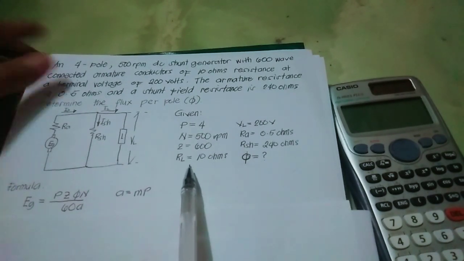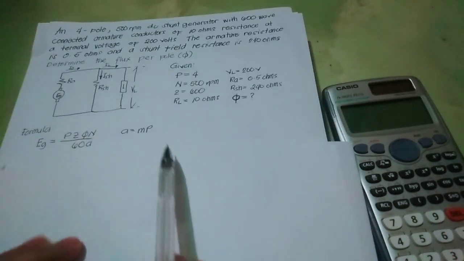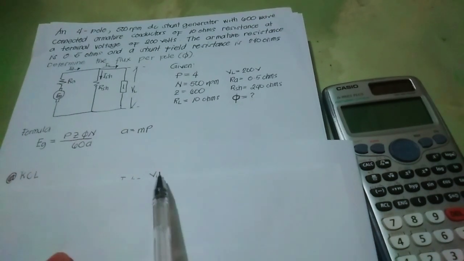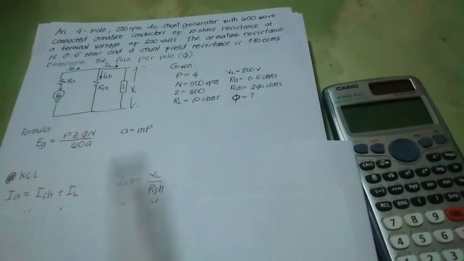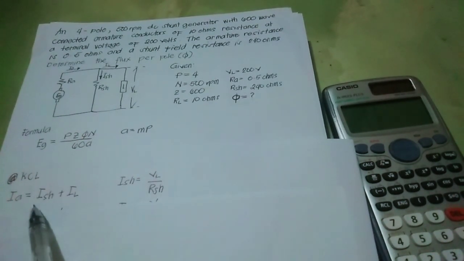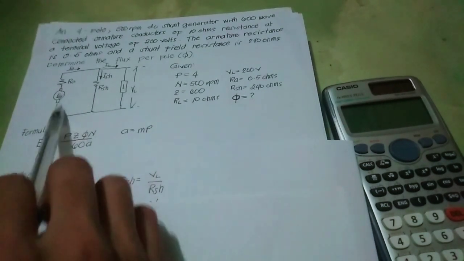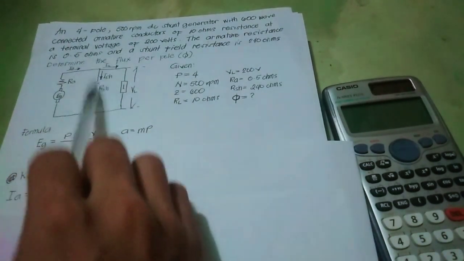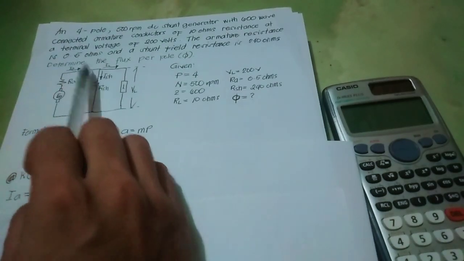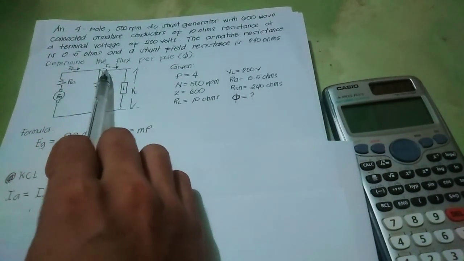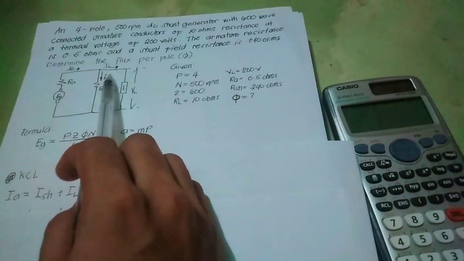So we need to apply KCL first. From KCL, IA equals IHS plus IL. Current in is IA, and current out is IL and IHS.